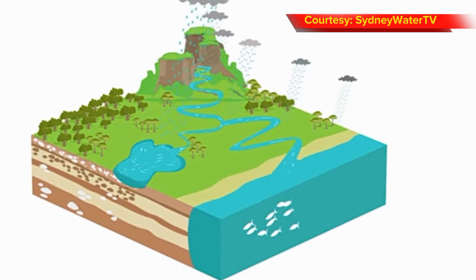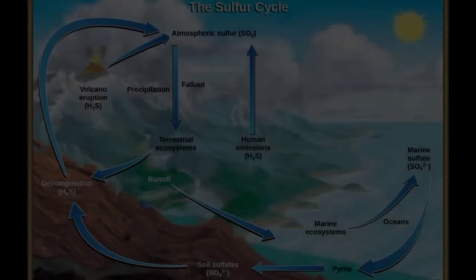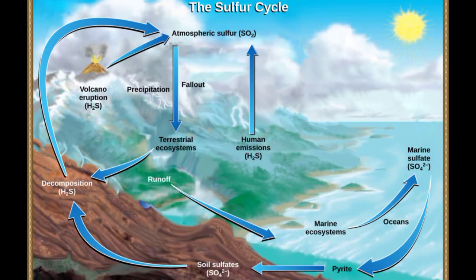For the next cycle, which is the sulfur cycle, it is a circulation of sulfur in various forms through nature. Sulfur occurs in all living organisms or matter as a component of certain amino acids. It is abundant in the soil in proteins and through a series of microbial transformations ends up as sulfates usable by plants.